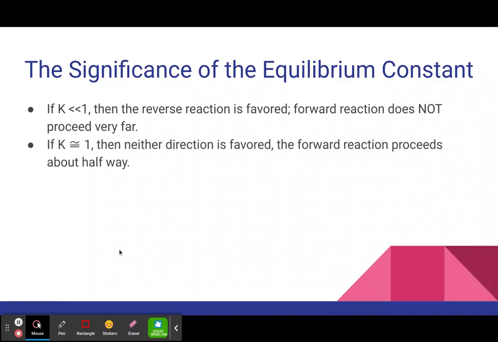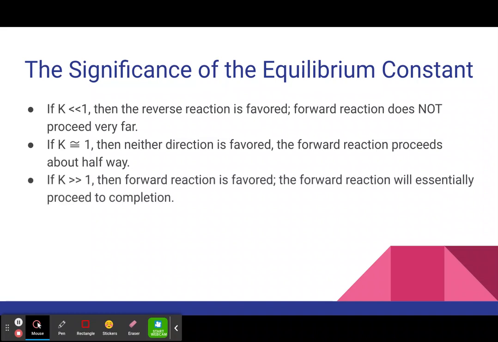If the reaction constant K is approximately 1, then neither direction is favored. The forward reaction proceeds about halfway. And finally, if K is much, much greater than 1, then the forward reaction is favored. This means that the forward reaction will essentially proceed to completion.